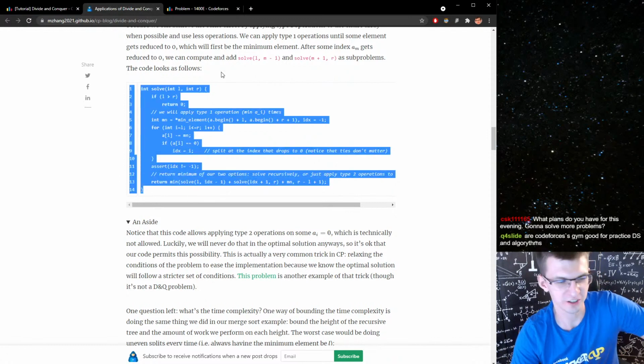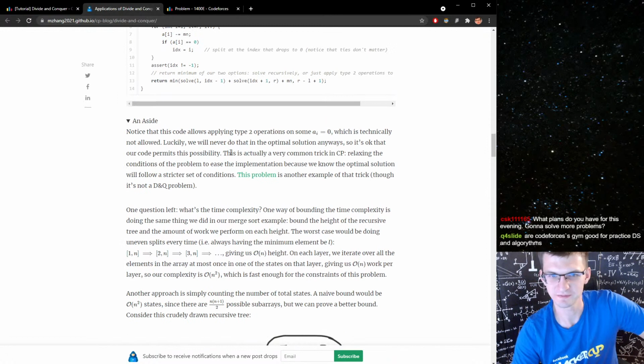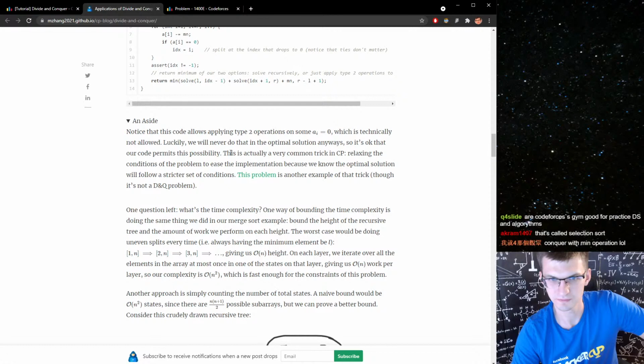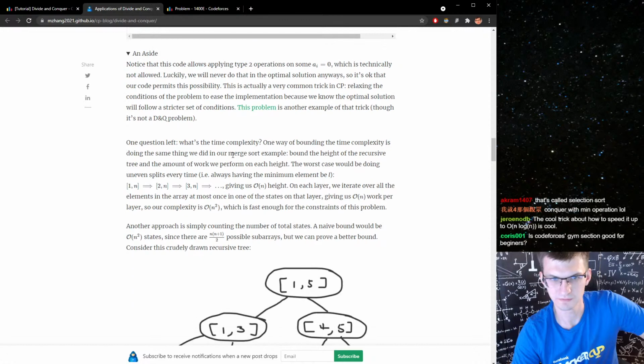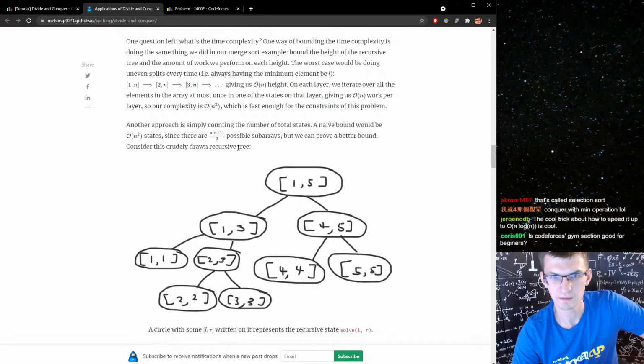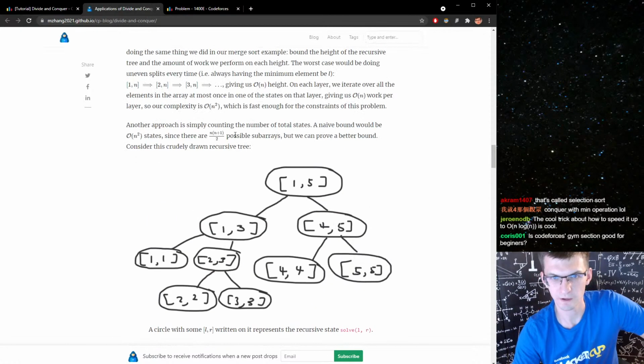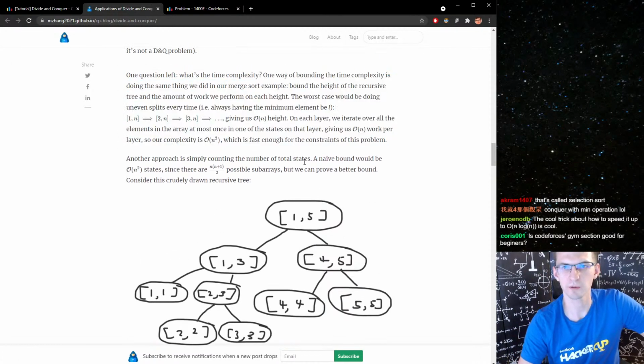There is no conquer part here. It's just divide. What's the time complexity? I will just read this explanation of time complexity.